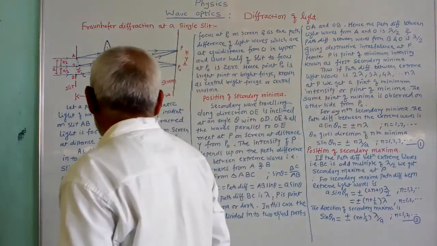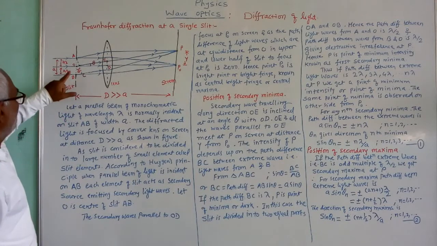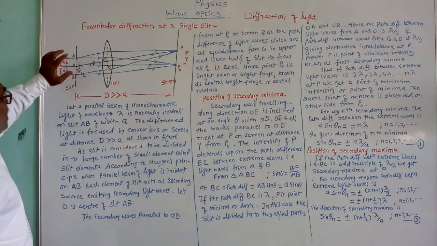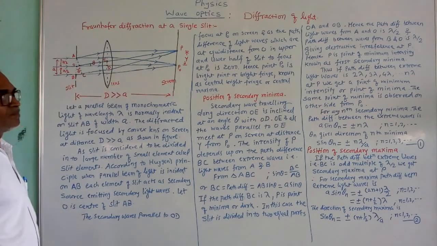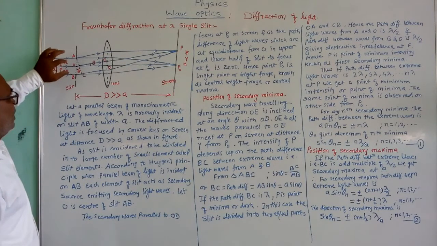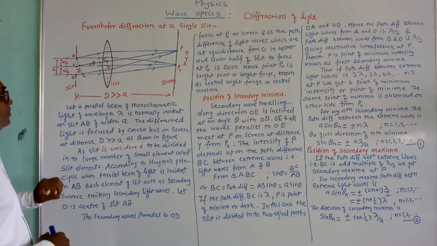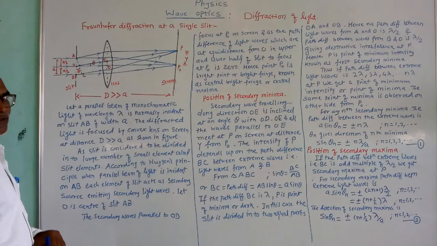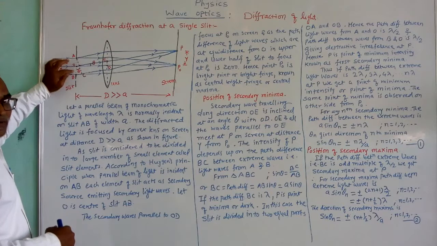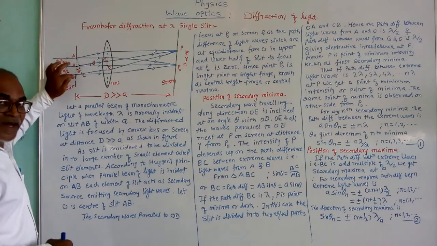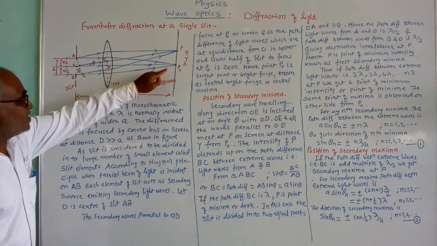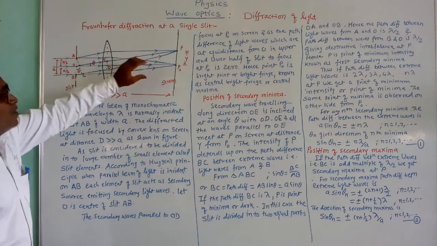Now here the secondary waves along OD focus at point P0 on the screen, and the path difference of the light waves which are at equidistance from O in the upper half and in the lower half of the slit to focus at point P0 is 0.